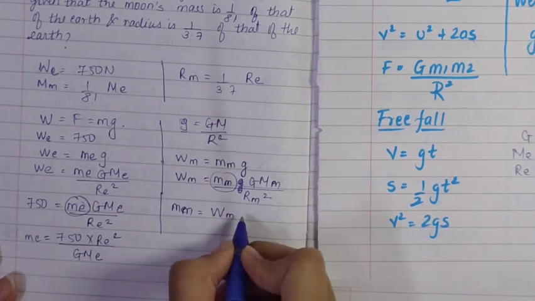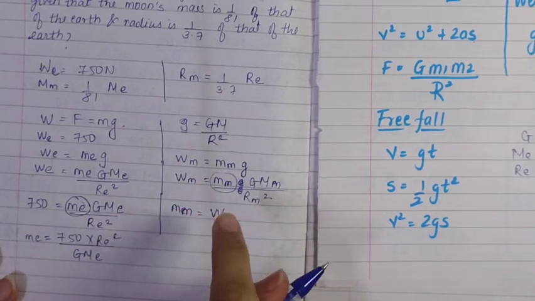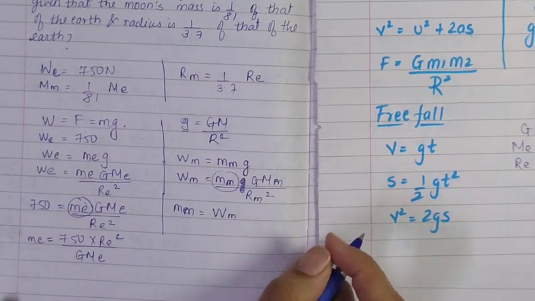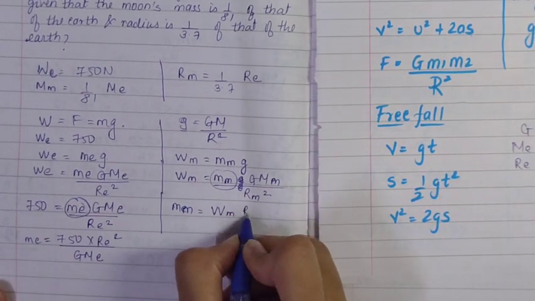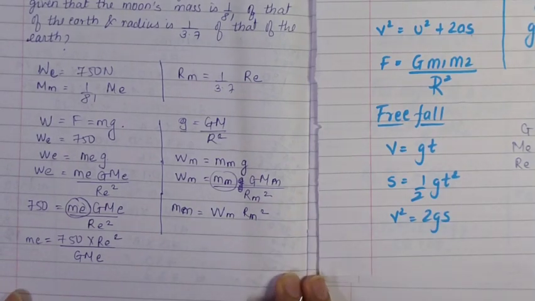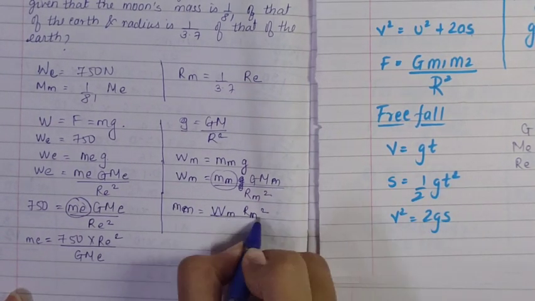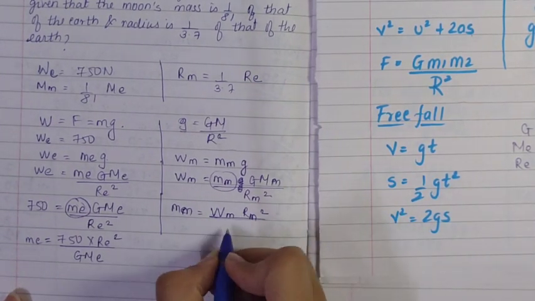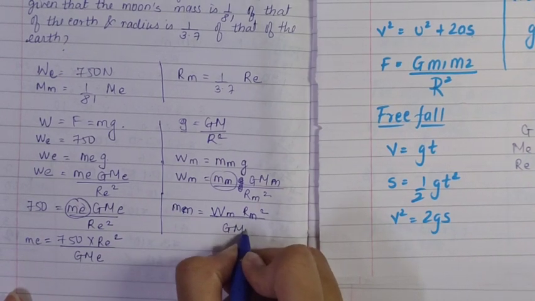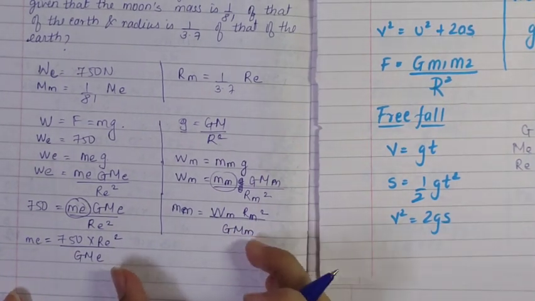W M, that is weight on the moon, that is what you need to find out. So W on the moon into R M square upon G M M. Fine, this is what you got.